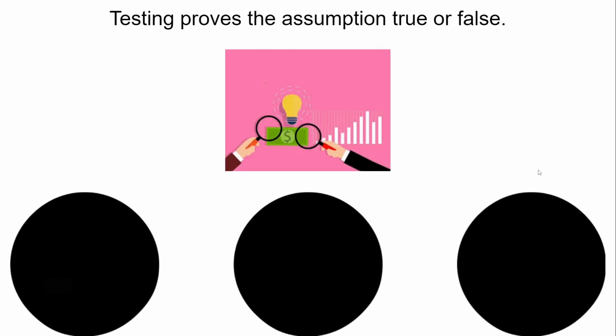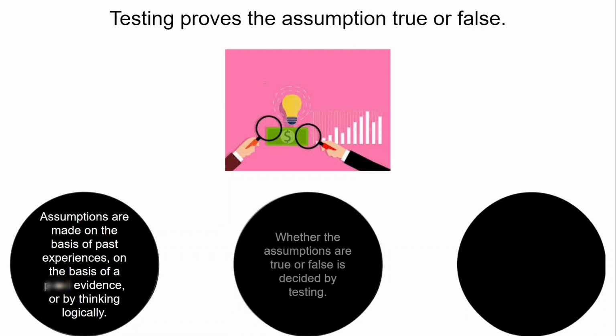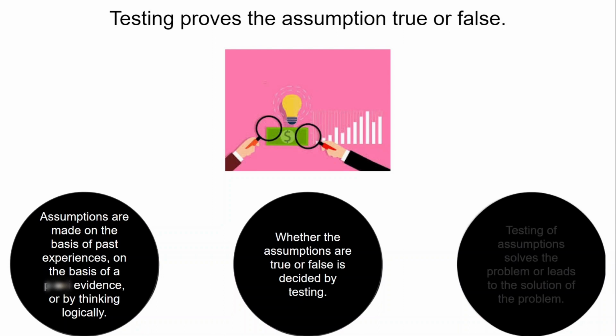Three points are very important with respect to such assumptions. The first point is: assumptions are made on the basis of past experiences, on the basis of prior evidence, or by thinking logically. The second point is: whether the assumptions are true or false is decided by testing. Third one is: testing of assumptions solves the problem or leads to the solution to the problem.